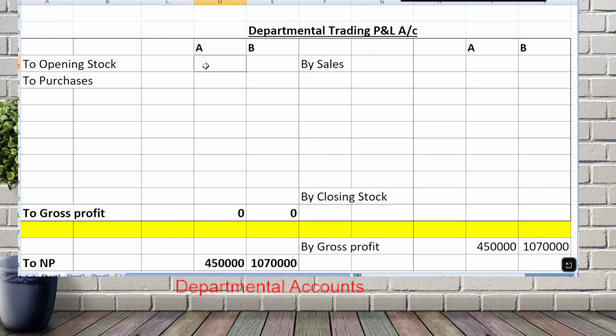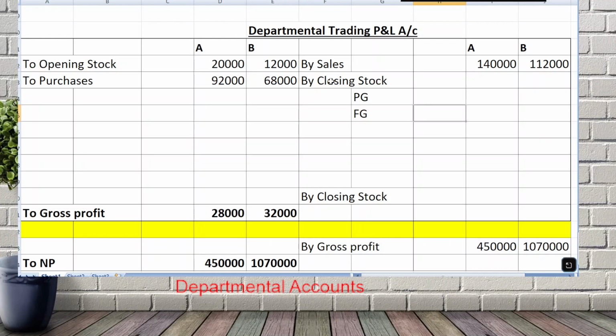Tell me the opening stock of A and B: 20,000 and 12,000. Purchases: 90,000 and 92,000, and 68,000. Sales: 1,40,000 and 1,12,000. In closing stock, we've got two types of goods, purchased goods and finished goods.